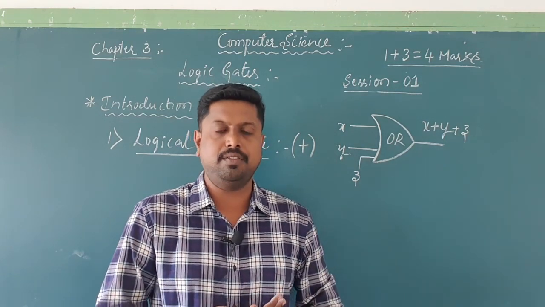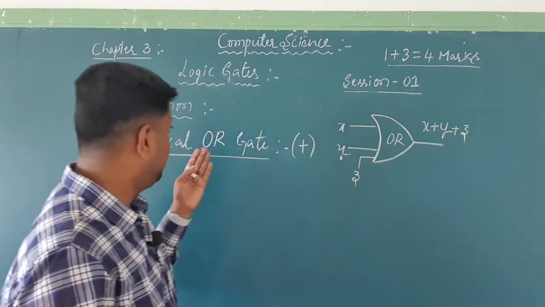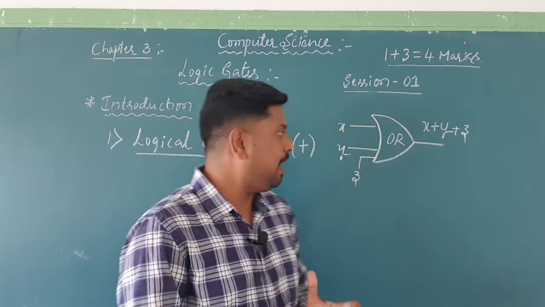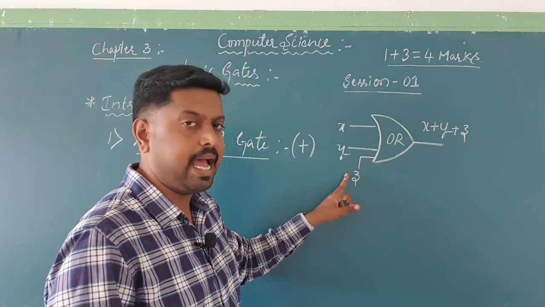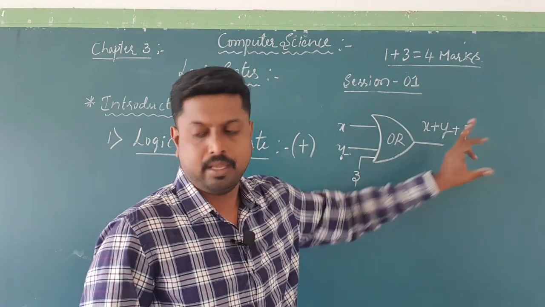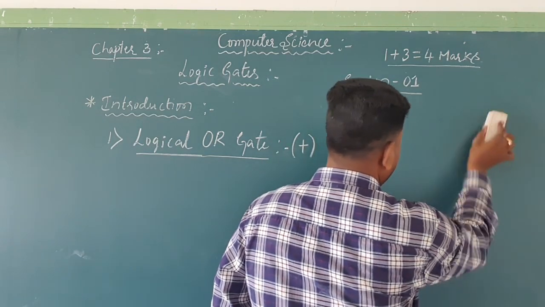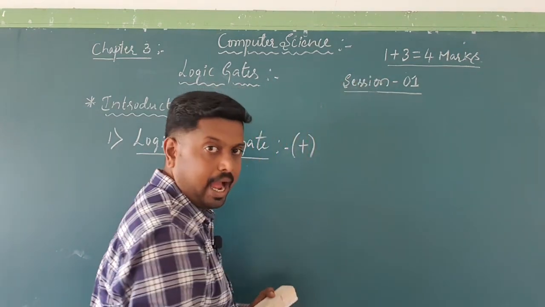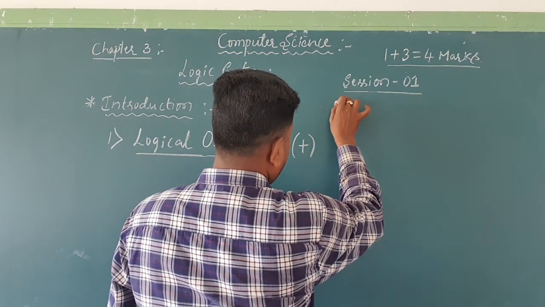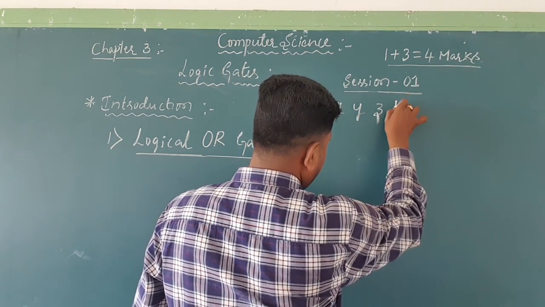Now we are writing the 3-digit truth table, how the logical OR gate will represent the 3 logical inputs, with X, Y, Z as the inputs, and the result is X plus Y plus Z. So I will just erase this to write the truth table for X, Y and Z. X, Y and Z are the 3 inputs.